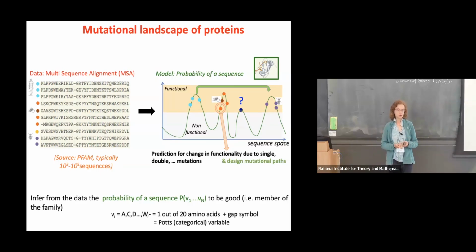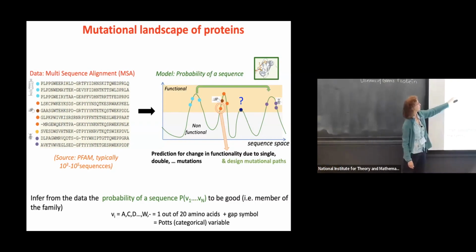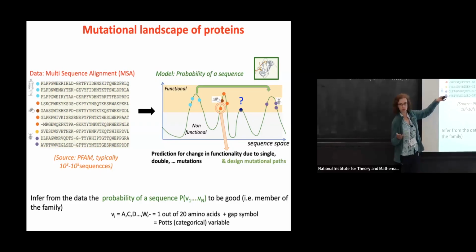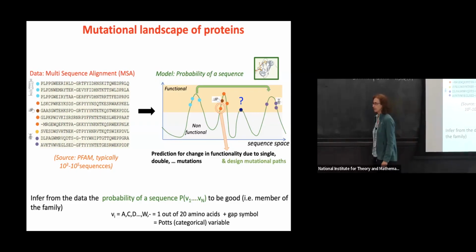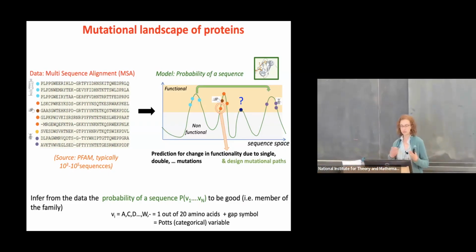We also check that the one-point statistics, like the frequencies, the correlations, and the three-point correlations of this multi-sequence alignment are well reproduced by the model when we do sampling. Okay. So for the moment, there is only statistics and the ability to reproduce our data.